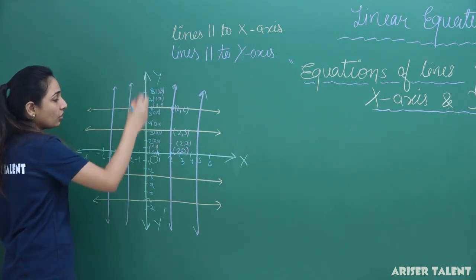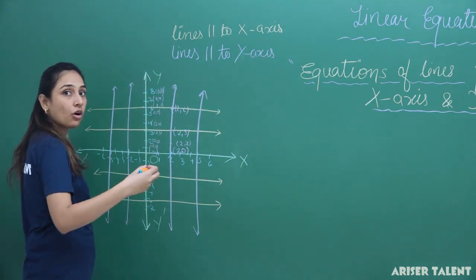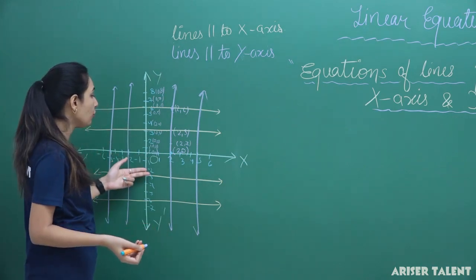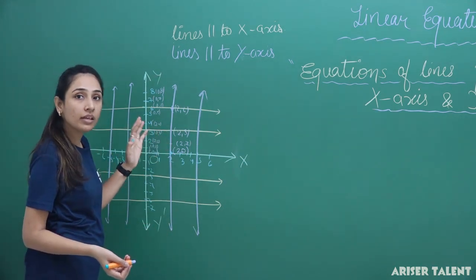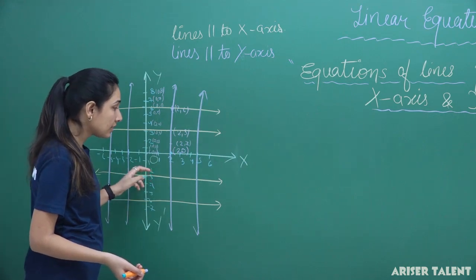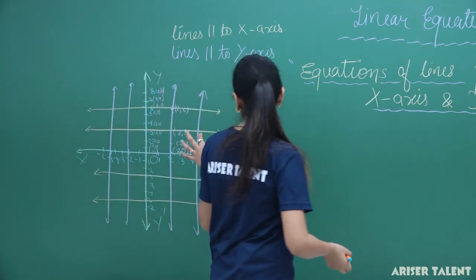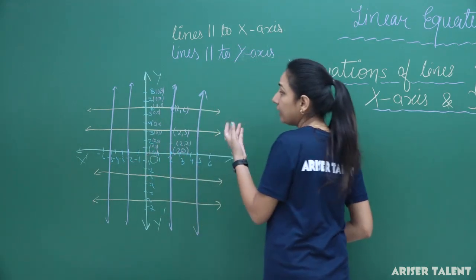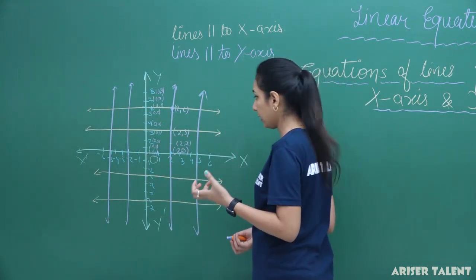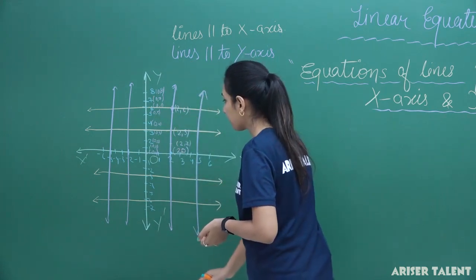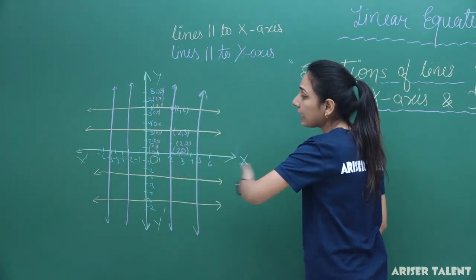Now the value of x will be always 0 in this case and the value of y will be from 1, 2, 3, 4, 5, 6, 7, 8. Right. So such kind of line, how can I write it in the equation form? Okay. So this is one.